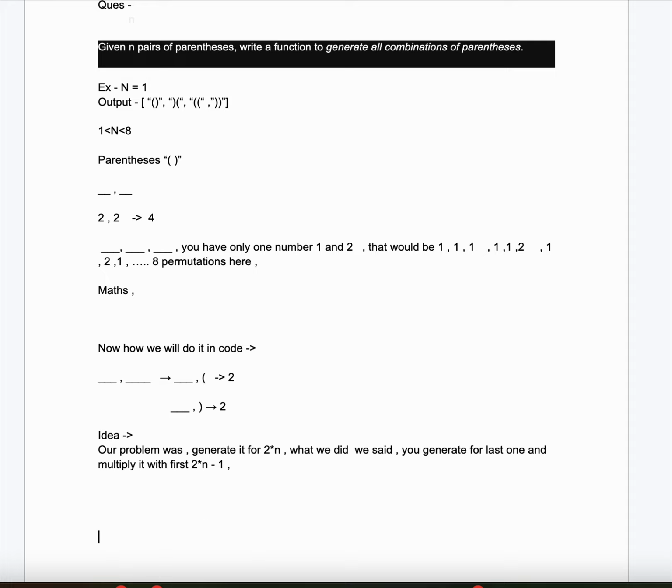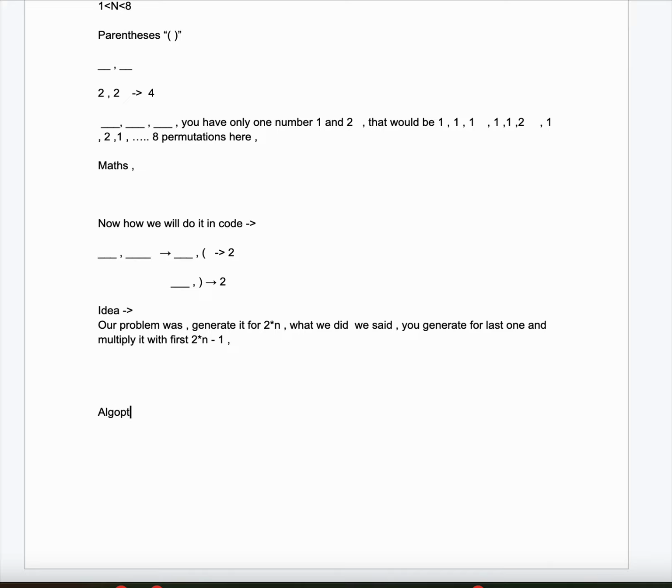So let's do algorithmic coding. We will write the algorithm here. First, we will have n, n equal to something, and we will input n.